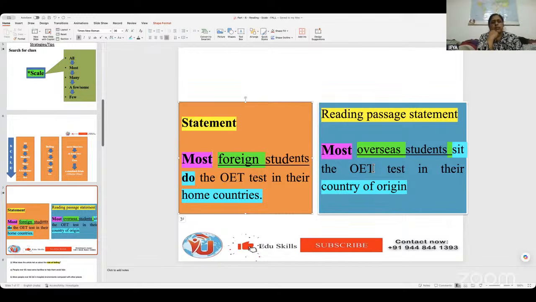In other words, paraphrasing means giving the same meaning using synonyms and synonymous expressions. Synonym plus synonymous expression is equal to paraphrasing. That's why I said you keep a diary of synonyms and synonymous expressions, then paraphrasing is simple for you. Okay.